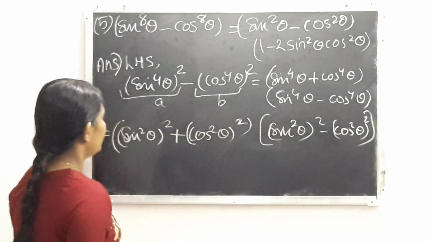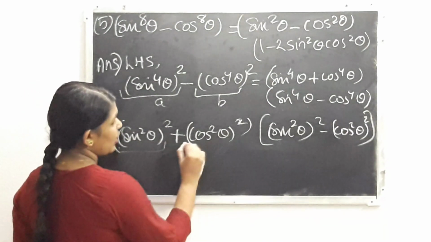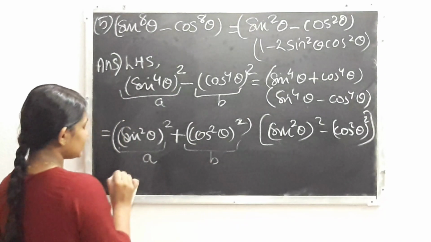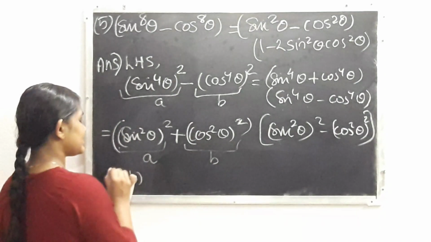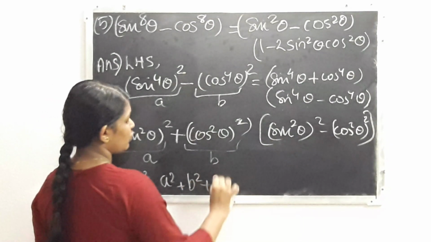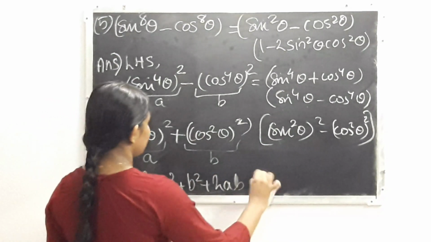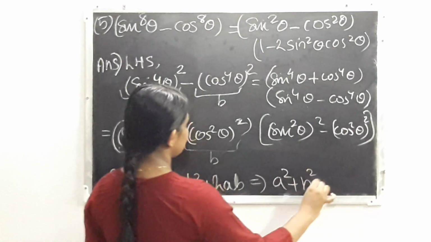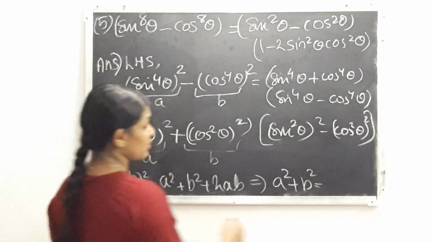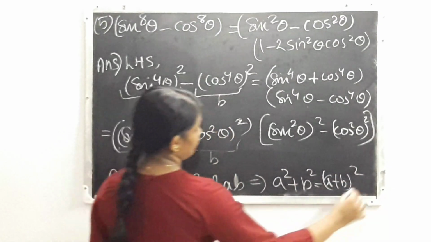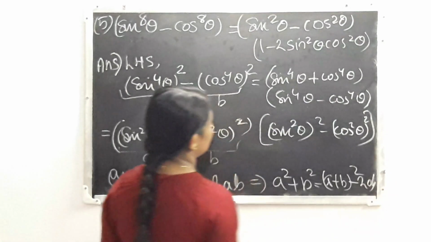So this is of the form a square plus b square. We know that a plus b the whole square is equal to a square plus b square plus 2ab, which implies that a square plus b square is equal to a plus b the whole square minus 2ab.